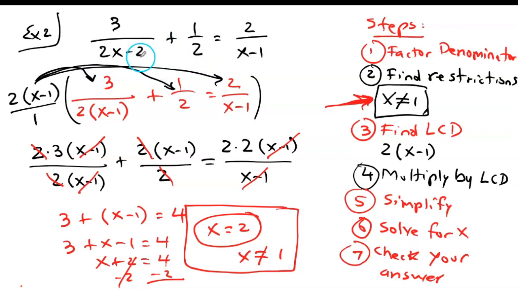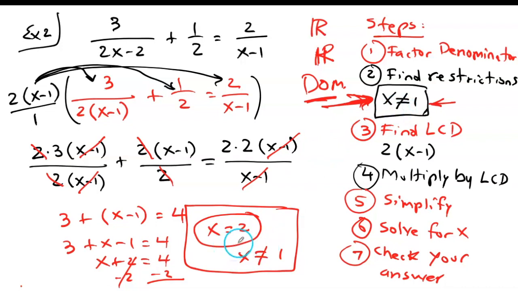Every time you're doing rational equations, rational expressions or rational functions of any type, this is part of your domain. Your domain is all real numbers, R, except this value, except when x equals 1. This is the least amount of information that you have to give when you're doing your domain. The restrictions.